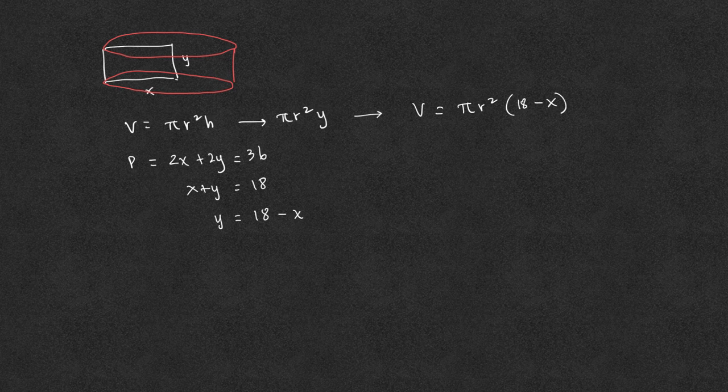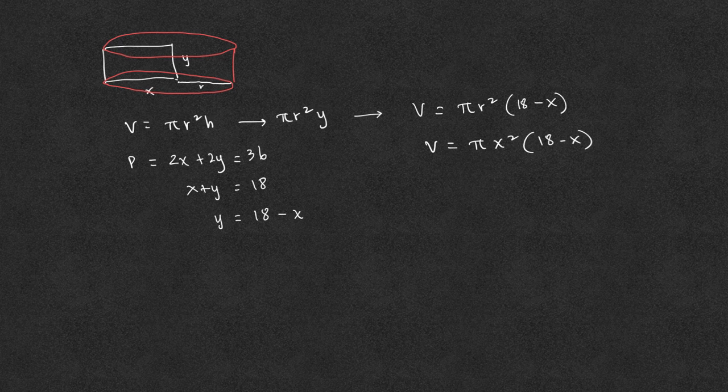But r is the radius of the circle at the bottom or the top of the cylinder. If the rectangle is being revolved around, then x is already the radius. So the volume is pi x squared times 18 minus x.